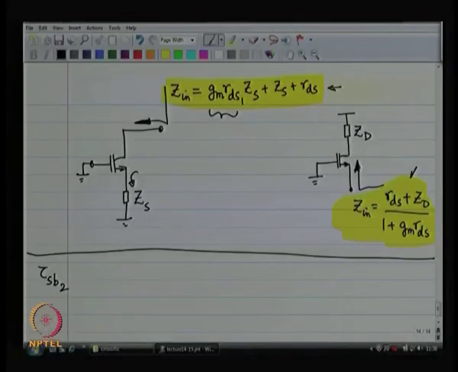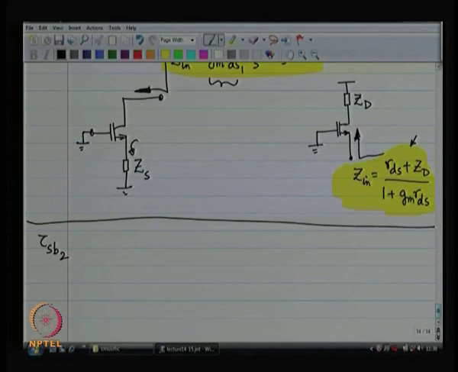So you basically use this template formula, ZD is 0. So RDS divided by 1 plus GM RDS. GM over here is the parallel combination of GM and GMB. It is the sum of those two.